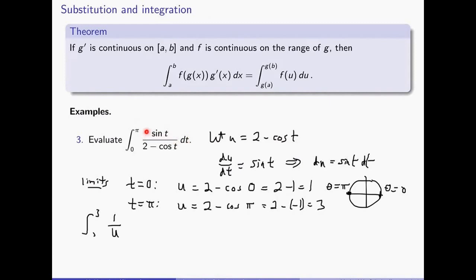So 1 over u du is equal to the natural log of u evaluated from 1 to 3, and this is the natural log of 3 minus the natural log of 1. The natural log of 1 is equal to 0, so this is the natural log of 3.